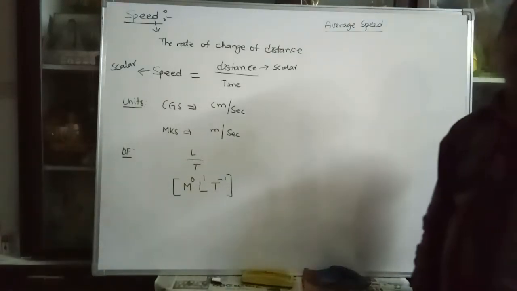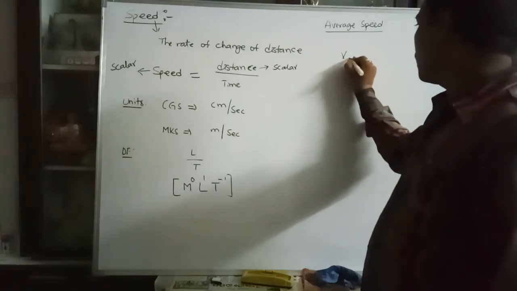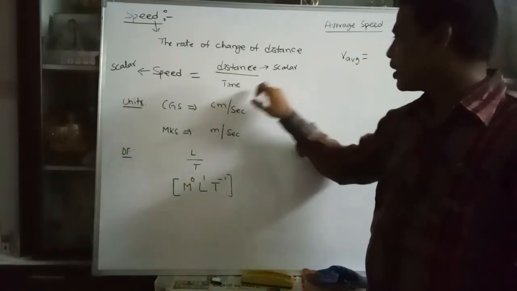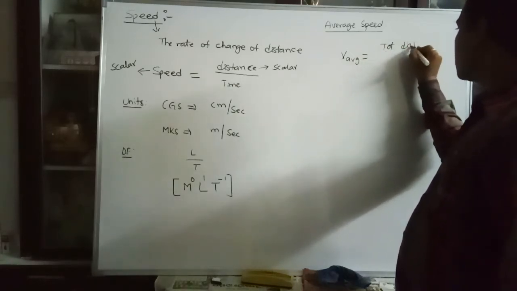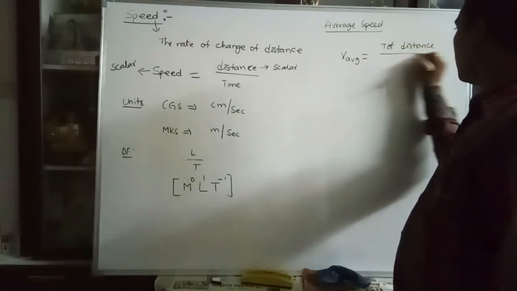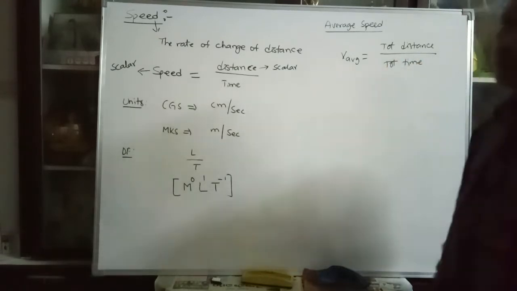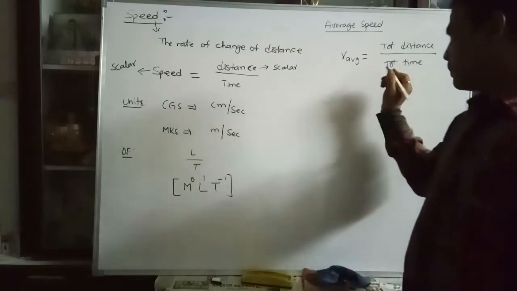Mean is nothing but total divided by the number of times. Here also, average speed V average is equal to total distance by total time. That is called average speed.